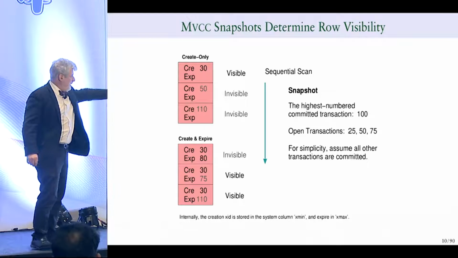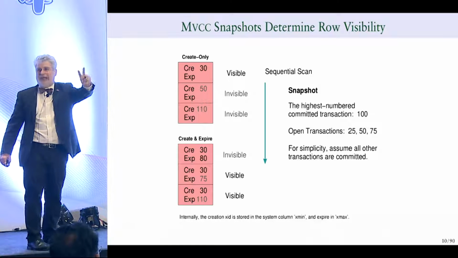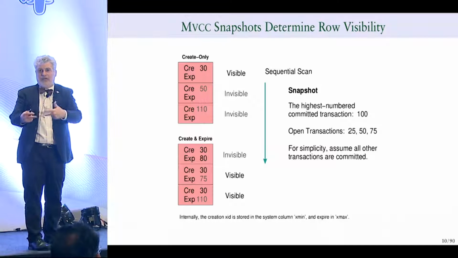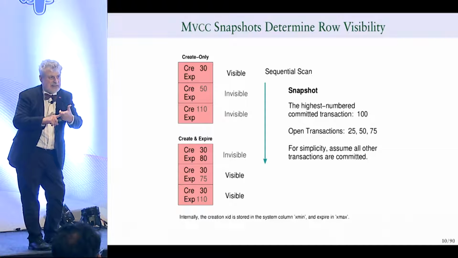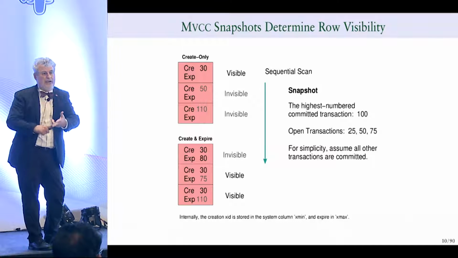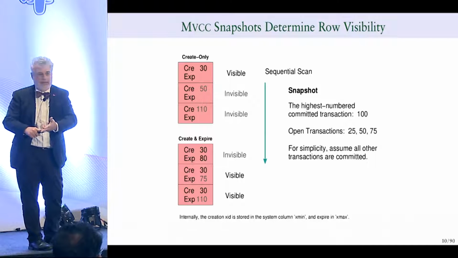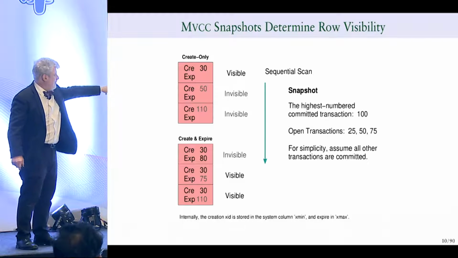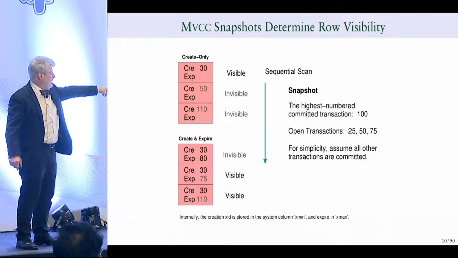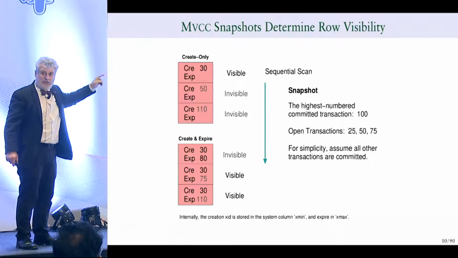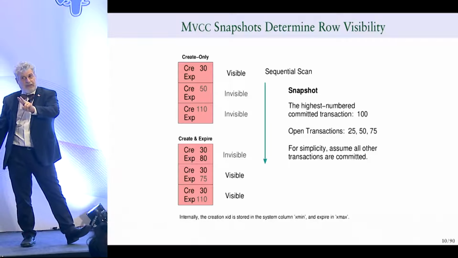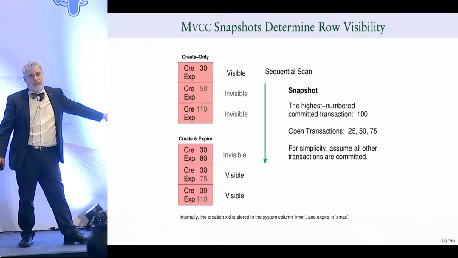The bottom ones are trickier because they have creation and expire. So you've got to figure out which, the creation has to be valid and the expire has to be invalid for us to see it, right? So first one, we know this one, 30, we know that's visible. Expire of 80, that means both of them are valid. The creation's valid, but the expire is valid too. So we can't see that row, okay?